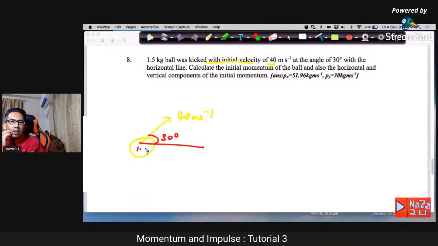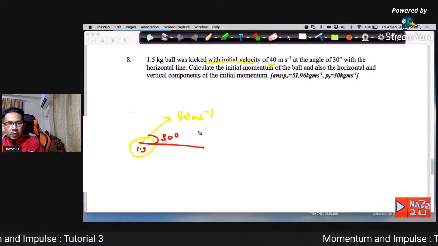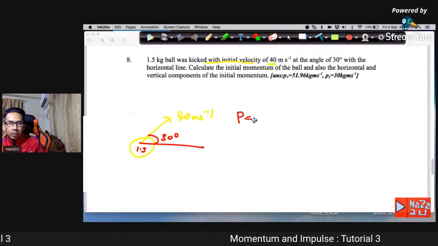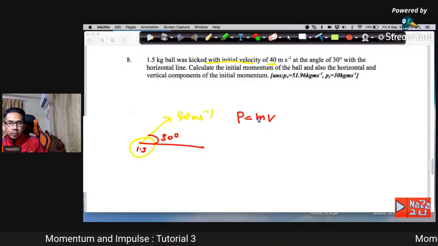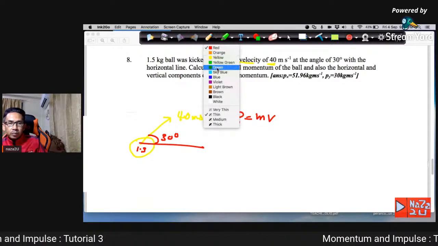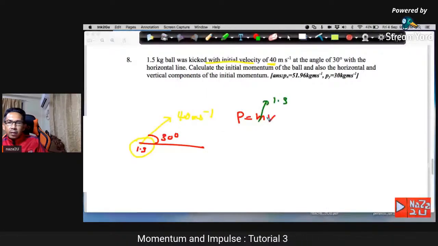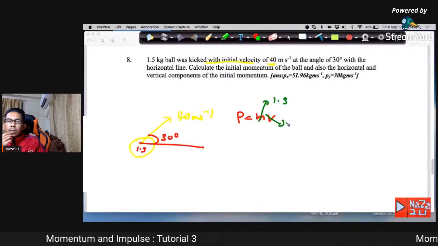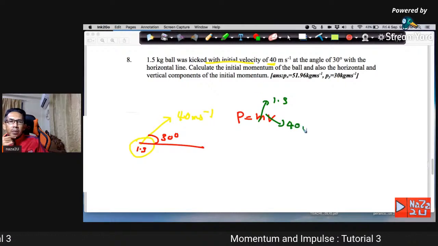So the initial momentum here is equal to, so what is the initial momentum? Because momentum is equal to mass times V. So the mass is 1.5 kilogram, and V is the velocity, 40 meter per second.